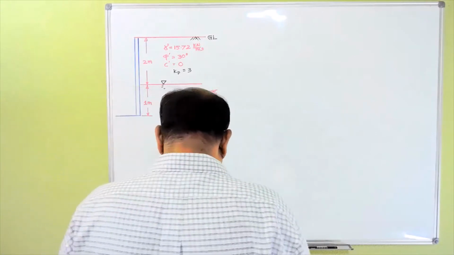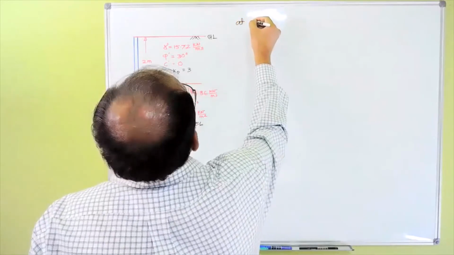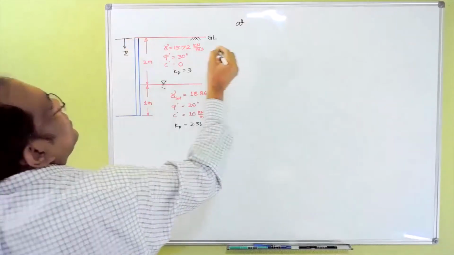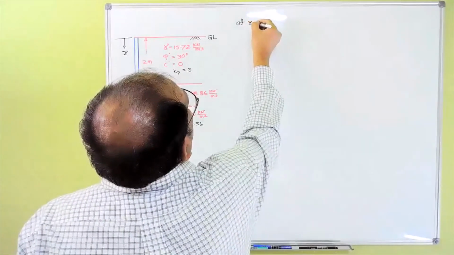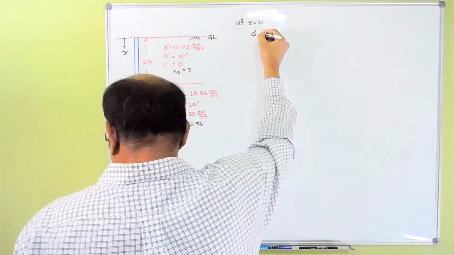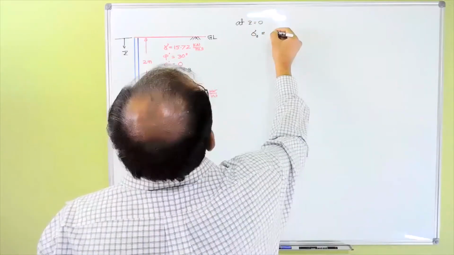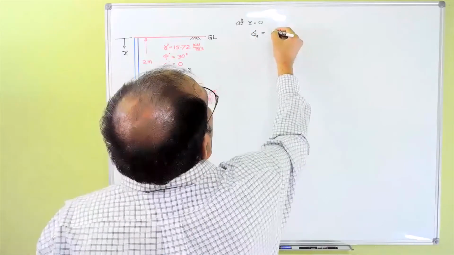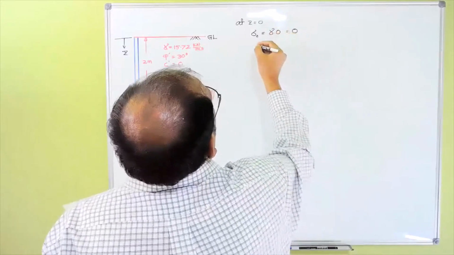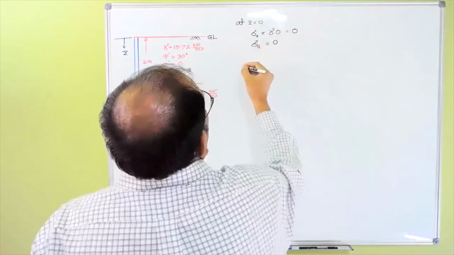So at a depth Z of 0, which is measured from here to here, our sigma overburden is gamma H, so that's actually 0. So your horizontal or passive force is also 0.